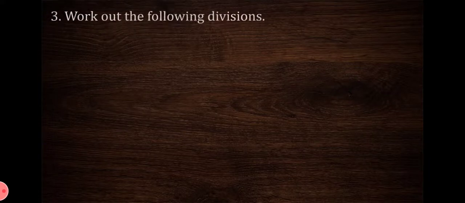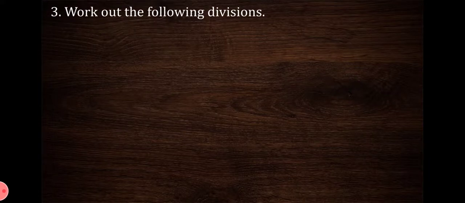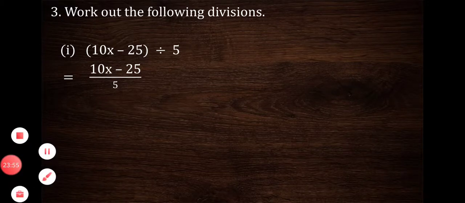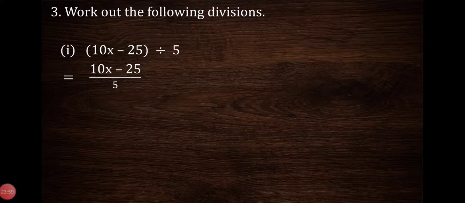Question number 3. Work out the following divisions. Number 1, 10x minus 25 divided by 5. We will write it in fraction form, that is equal to 10x minus 25 upon 5. Looking at the numerator, we can see the numerical values 10 and 25. From that we can take out common, because 10 and 25 both come in the table of 5.